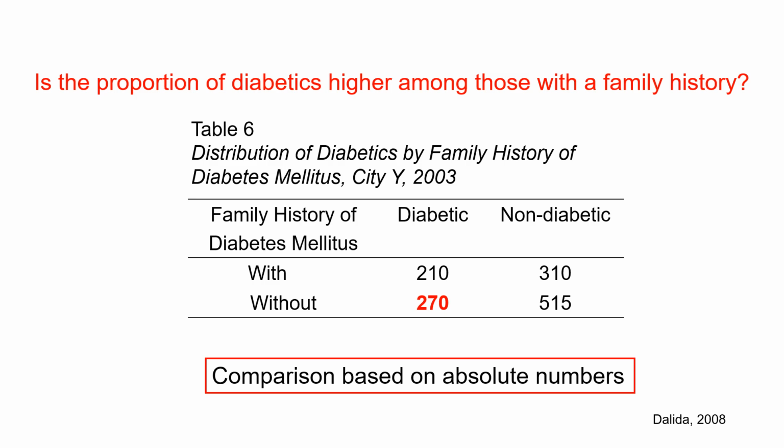A research question is posed on the proportion of diabetics among those with a family history of diabetes, specifically if the proportion is higher. If one's interpretation is based on absolute numbers, the number of diabetics is lower among those with a family history of diabetes. But the question specifies a proportion, and so it cannot be answered if using absolute numbers.